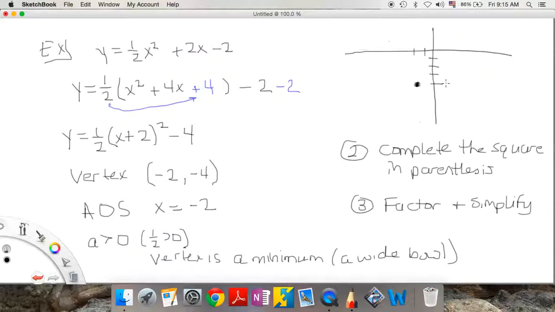Now, there's a couple of different ways to graph it. You can just go up to the next value and use that x, figure out what the y is. So we could go and plug in -1 here and figure out what y value is.